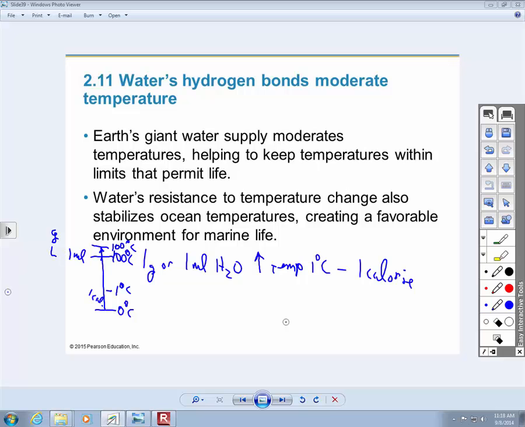So this is water vapor. I don't change temperatures. I'm just going from liquid to a gas form. That's what that G stands for. That takes 539 calories for every gram or every milliliter of water.